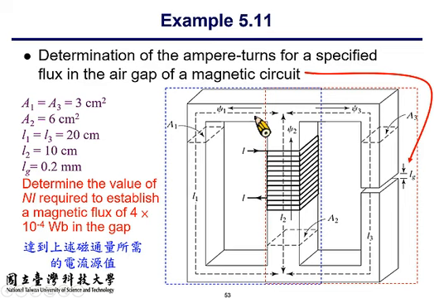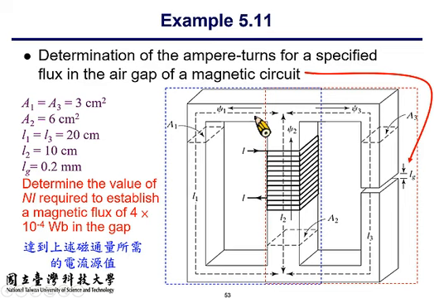As you can see, the geometric parameters specified in the example problem are: A2, the middle one, has a 6 square centimeter cross-section area, and the other 2 legs have a cross-section area of 3 square centimeters. The lengths L1 and L3 are 20 centimeters, beginning from here to here, right? And the length of the middle one is 10 centimeters.